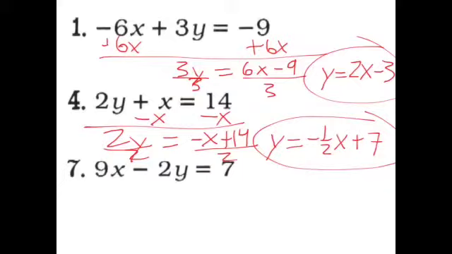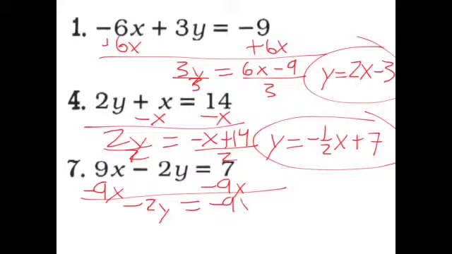And then on number 7 here, I want to still get my y all by itself, so I'm going to get rid of the 9x term by subtracting 9x from both sides of my equal sign. The left side is going to simplify to negative 2y, and on the right side we're going to have negative 9x, and then plus the 7 that was there.